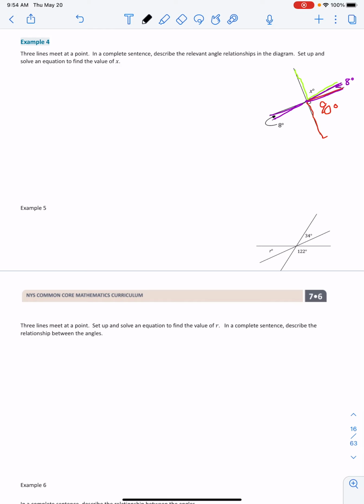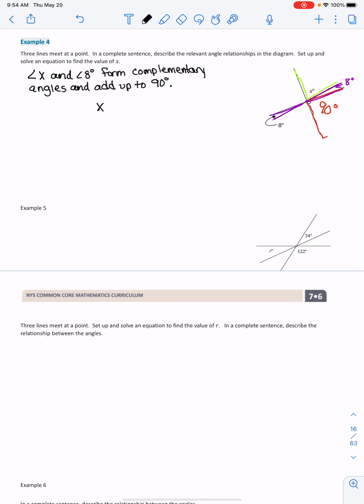So we can say that angle x and angle 8 degrees form complementary angles and add up to 90 degrees.